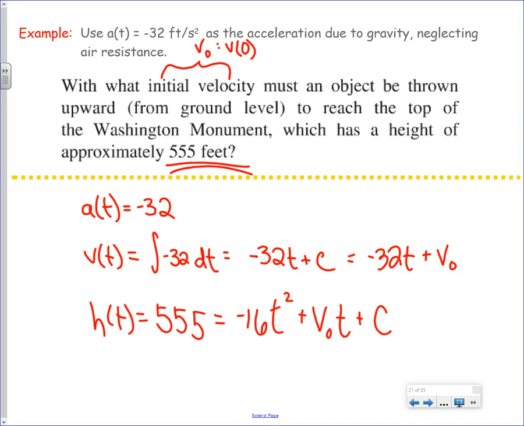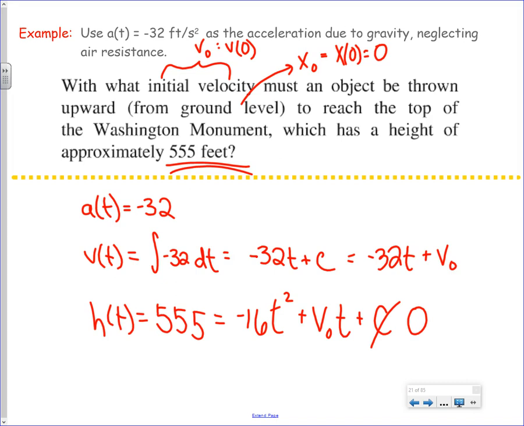Where is it being thrown from? So where are we going to make our initial position? We're going to make it 0. When time is 0, position has to be 0, so that c has to be 0. So ground level, that was another clue that's kind of hidden. That one said initial position was 0. That's why we said c equal to 0.